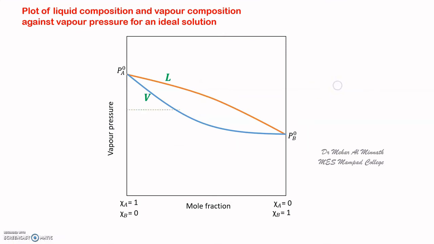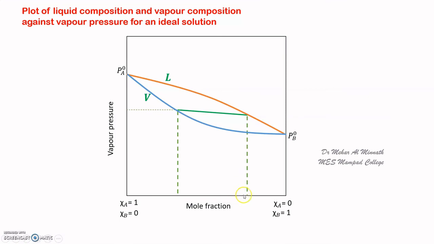Now when we try to get the composition of the solution as well as the vapor composition at a particular pressure, say we are going to check what will be the composition of vapor state and liquid state at this pressure, you draw a line and extrapolate it through the graph, and then you extend it to the x-axis.